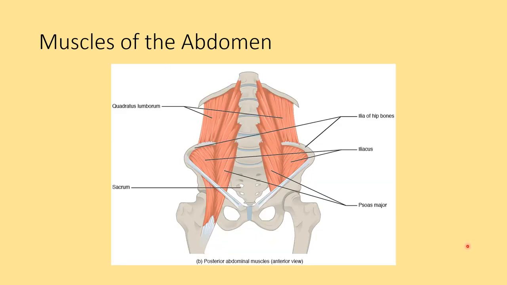Now, if we look at the posterior abdominal muscles, once again, this is the ilium. This is part of your pelvic bones, and you can see how the muscles attach to it, and some of them actually feed through some of the foramens down and attach to the femur, once again allowing different ranges of motion.